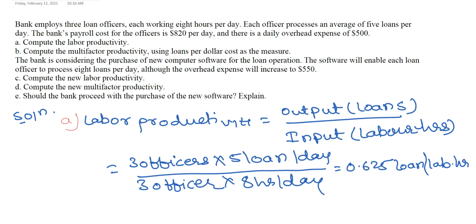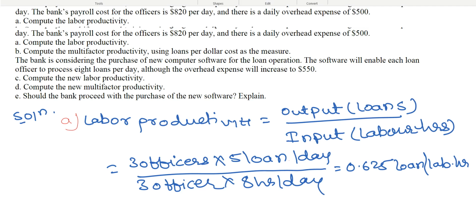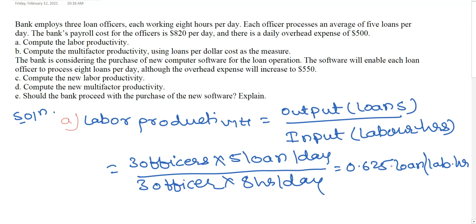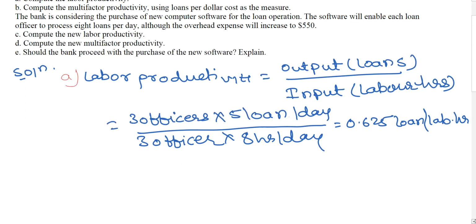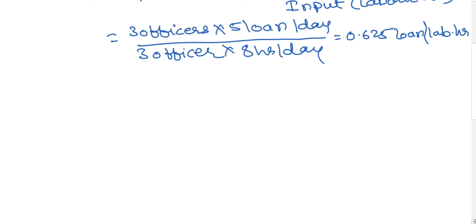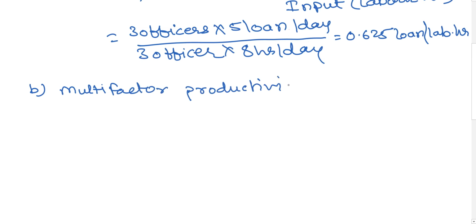Okay, now we need to compute the multi-factor productivity. So how to calculate the multi-factor productivity, that we quickly discuss here. For multi-factor productivity, we account for both labor cost and overhead cost.